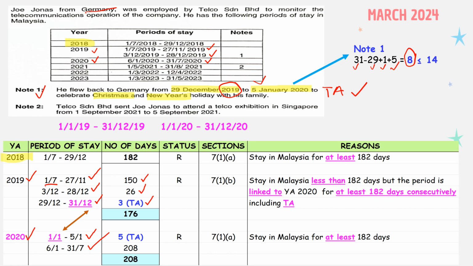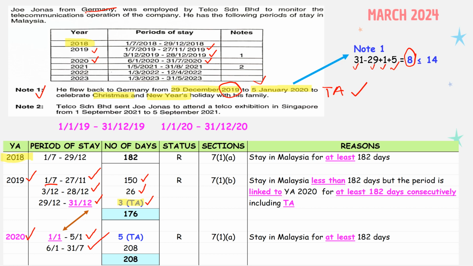Okay. Now guys, let's total up. Before you total up the number of days, I know there is a TA here. Can you see there is a TA here? Be careful, guys. Remember the concept of TA? I said TA can only be used if you want to use section 7, section 1B. What are we doing right now, guys? Are we doing B? No, not yet. We don't even have number of days. We don't even try A yet.